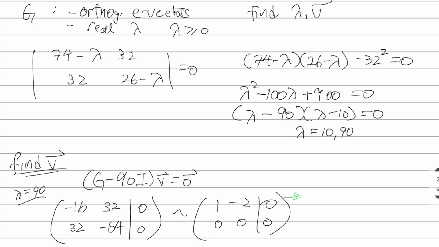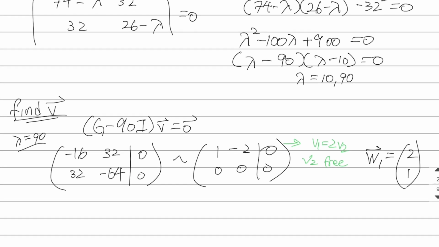From this result, you should be able to see that V1 is 2V2, V2 is free. So that means the first eigenvector that goes with this eigenvalue is just going to be 2 and 1. We'll call it W for now. In a moment, we will change things. So let's find the second eigenvector.